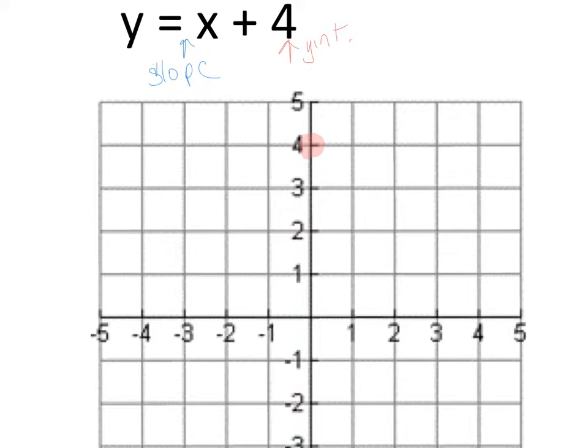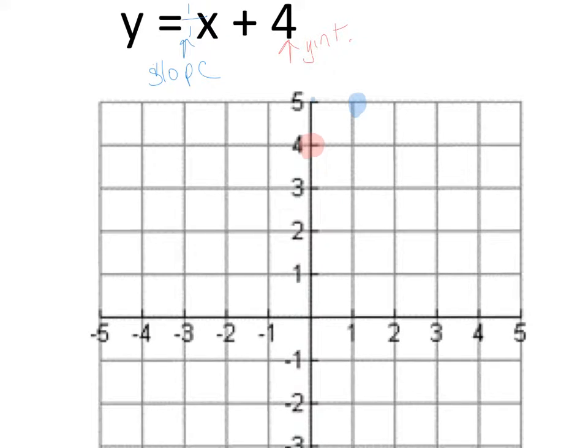Now, our slope, there's not a number there. What we have to know is there's an invisible 1 right there. And in our heads, we know that any number by itself technically has a denominator of 1. So the slope is like saying 1 over 1. So that means you want to go up 1 and you want to go right 1.